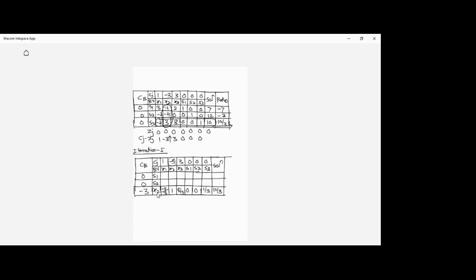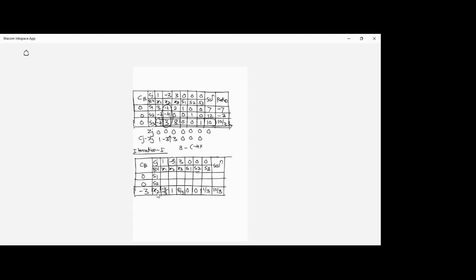Now for non-key rows, we are going to go with the formula. Let's start with the s1 row. Our new value will be according to the formula: the old value minus the corresponding key column value times the corresponding key row value divided by the key element.